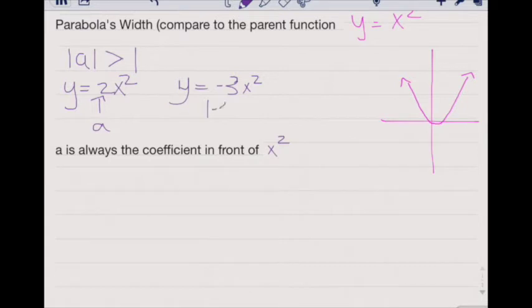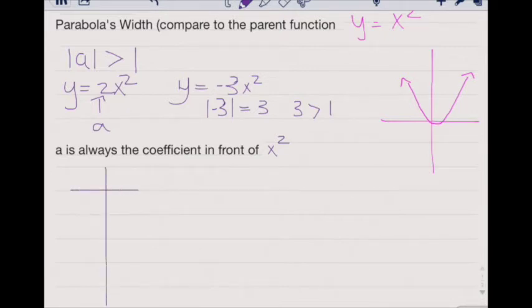If I took the absolute value of negative 3, that equals 3, and 3 is greater than 1. So, keep that in mind. We're looking at the absolute value of a compared to 1. So, if the absolute value of a is greater than 1, let's consider a case.